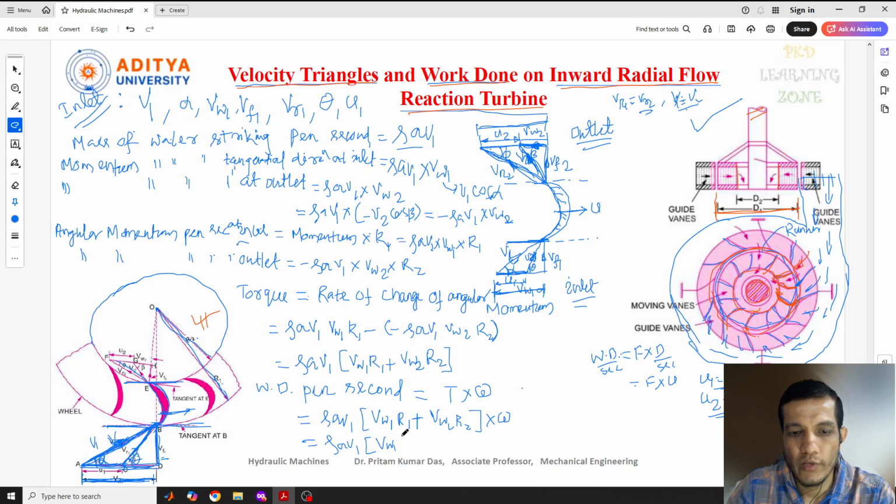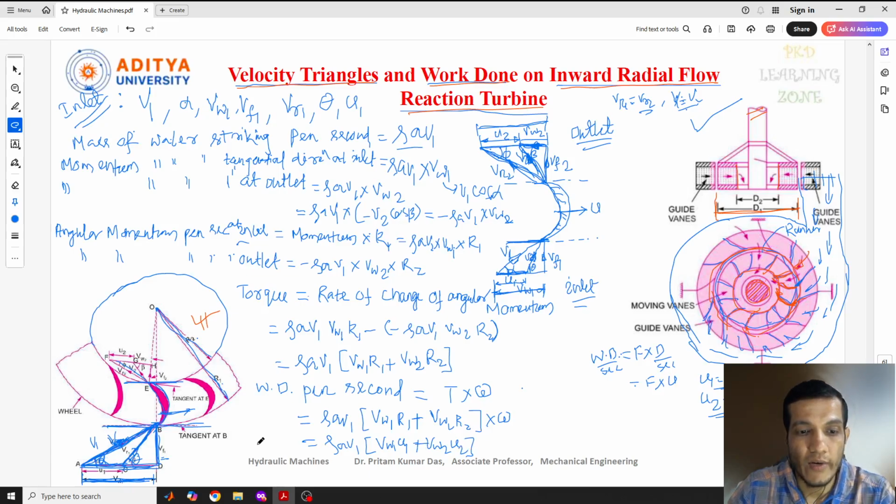If you see omega into r1, I can write directly u1 here. Similarly, omega into r2, so there also you can write v w2 u2. What I have done: omega into r2 is u2, omega into r1 is u1, that's why I have written. This is the final one.